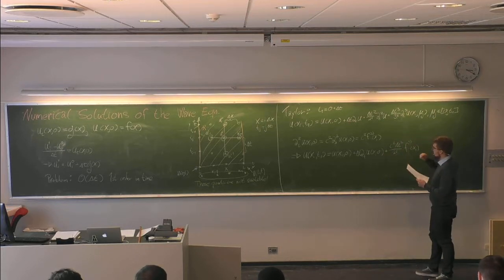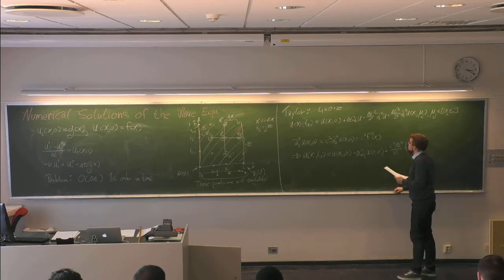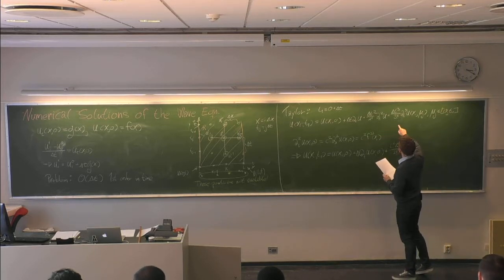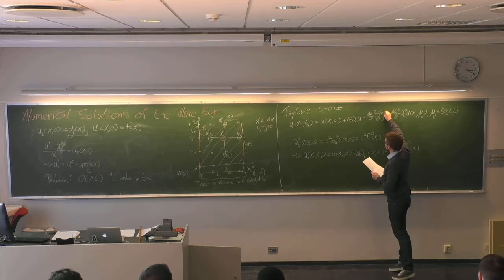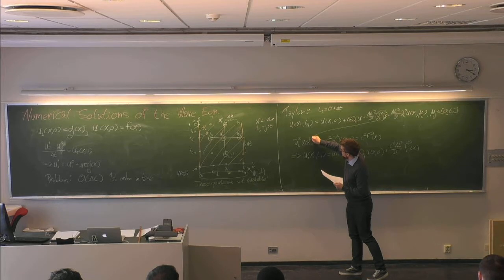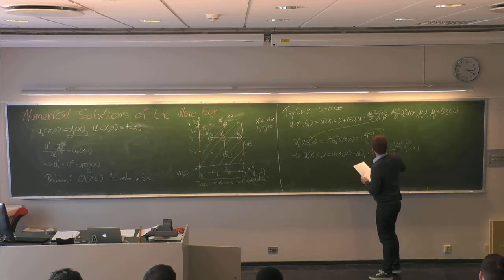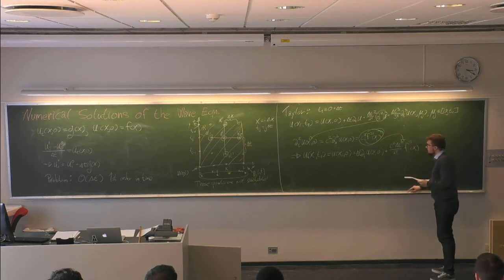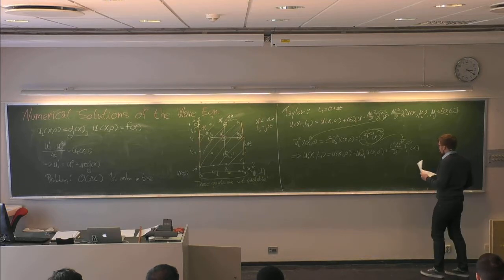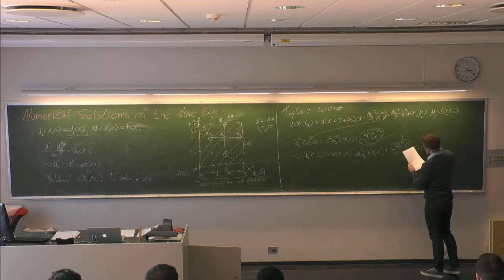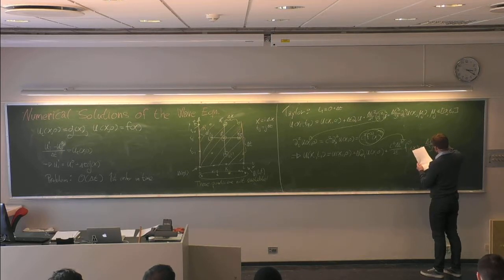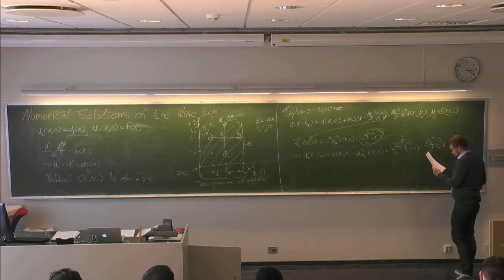So here I've gone from, let's do the correct one now, this one, and then we just insert it here by just using the wave equation. And then we have this error, t to the power of 3 factorial, and I'll just skip the things there.